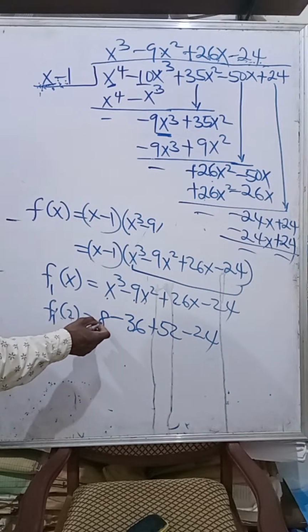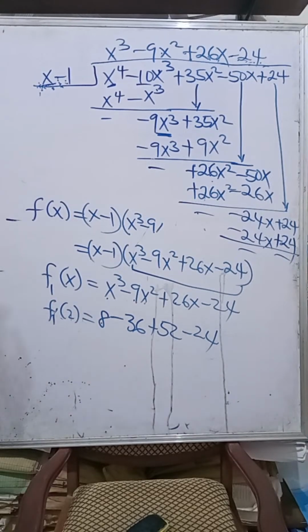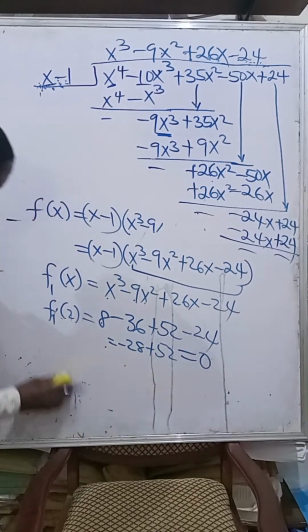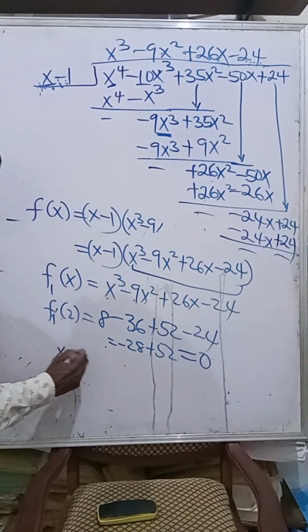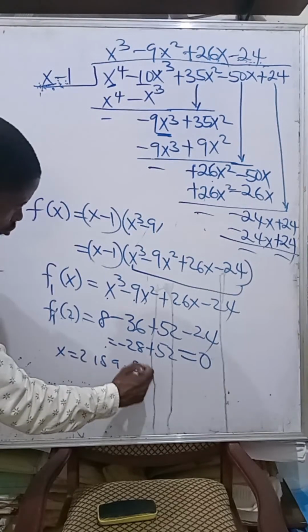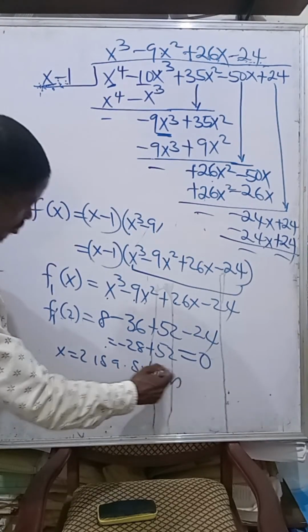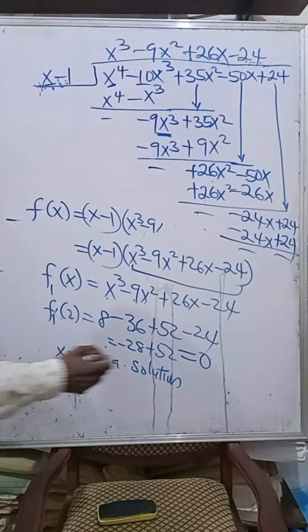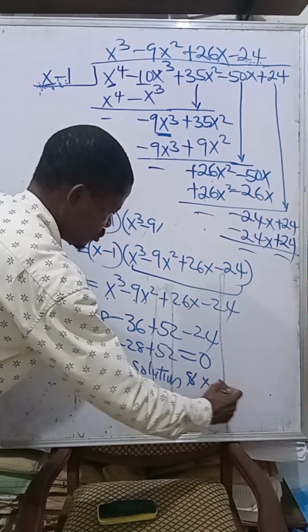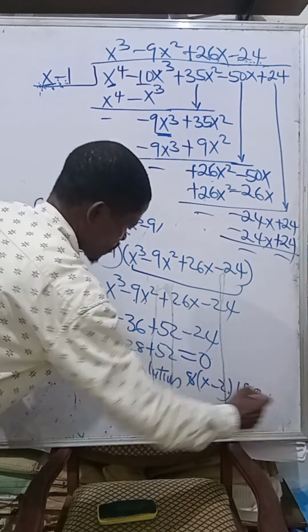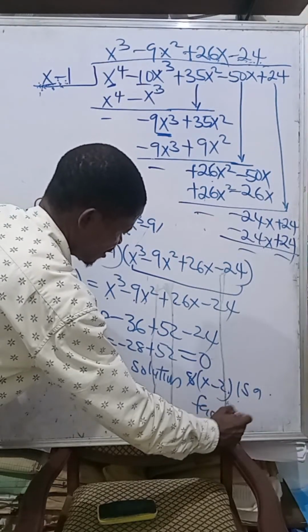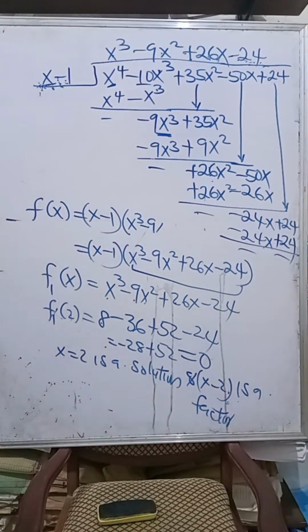Okay, this one, 8 minus 36, that's automatically 0. That shows that x equal to 2 is a solution, and x minus 2 is a factor.